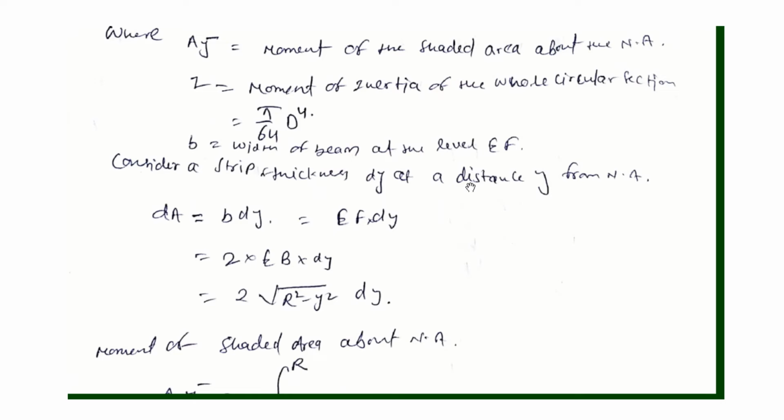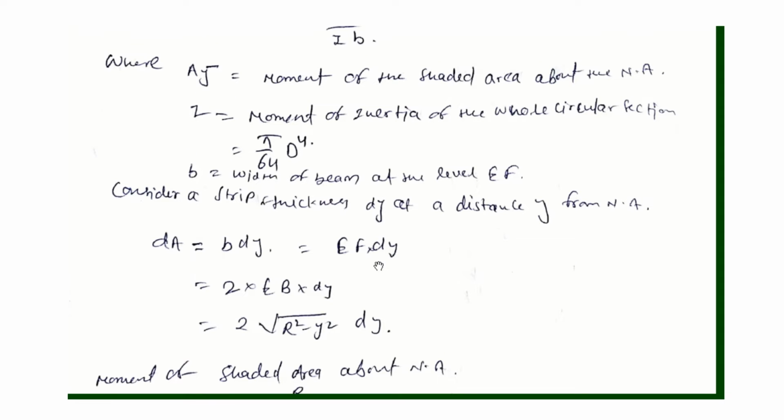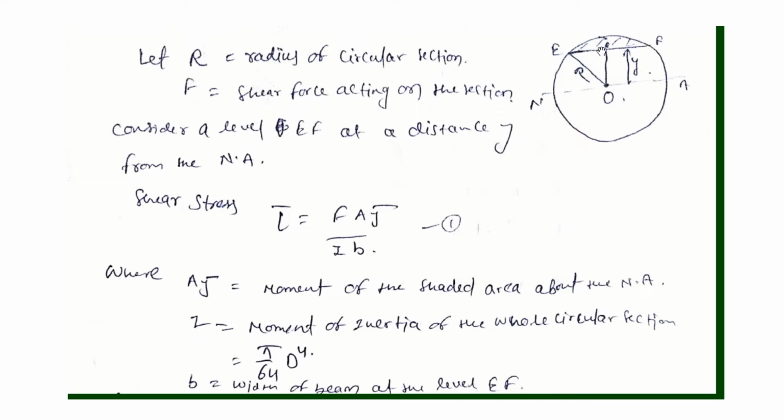So consider a strip of thickness dy at a distance y from neutral axis. So dA is b dy. So b is EF, which is equal to 2 into EB. Here is a perpendicular at that point, so it will divide in equal parts. So this is EB.